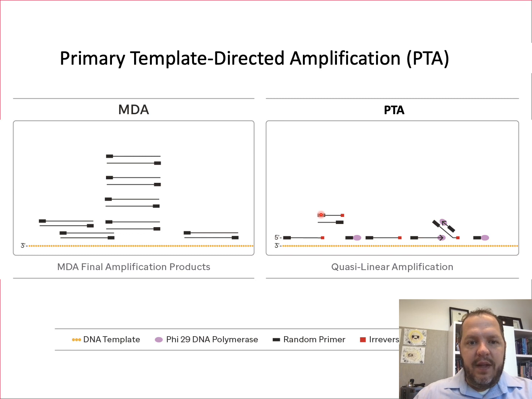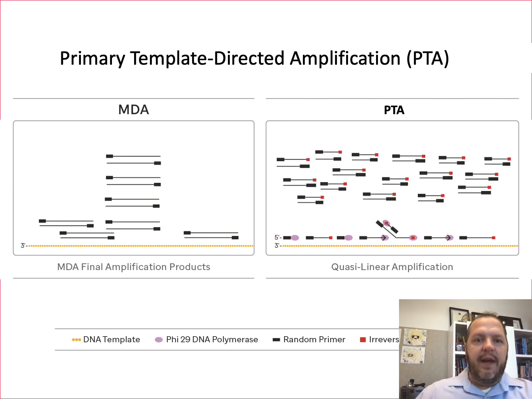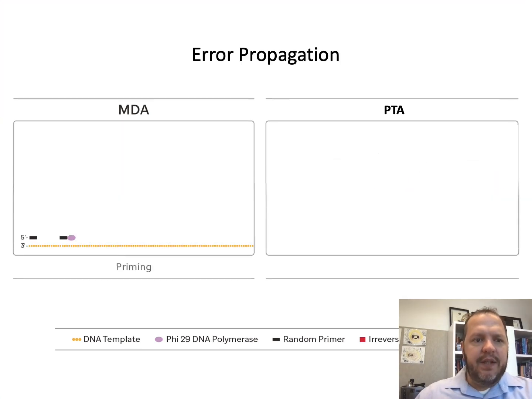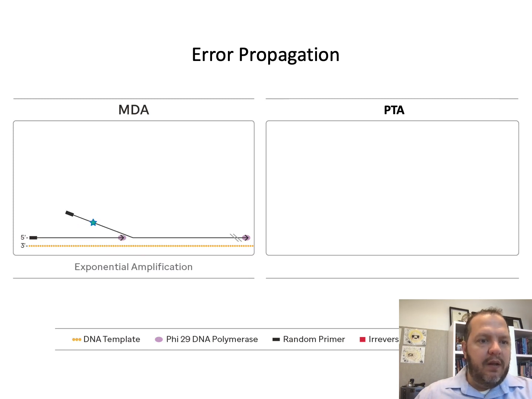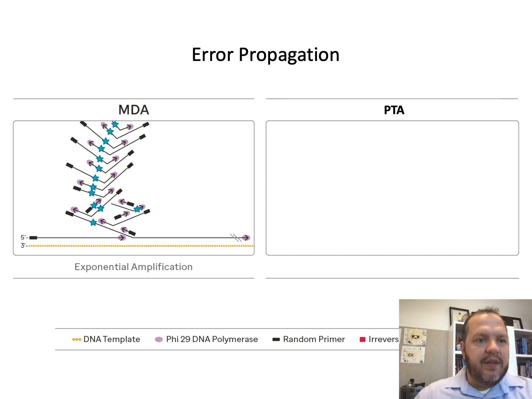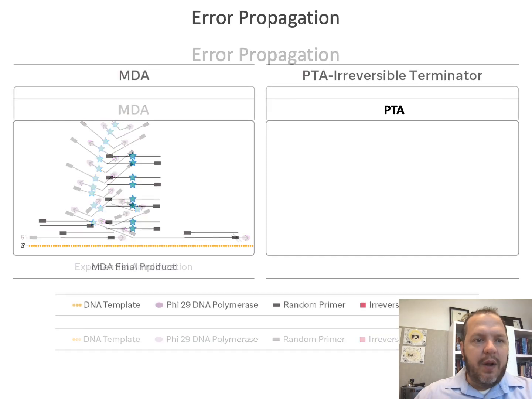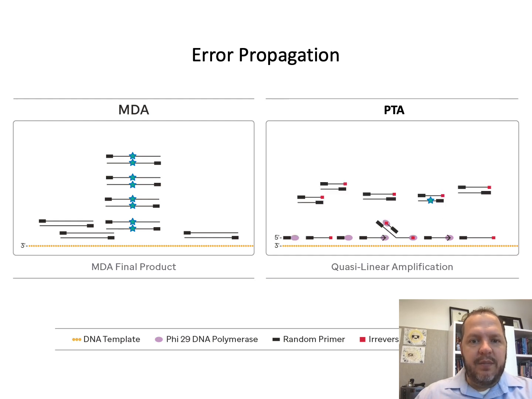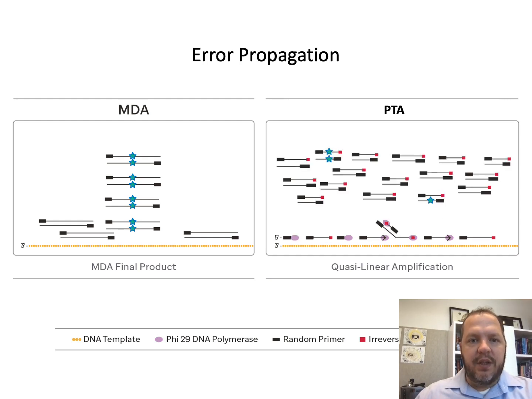In theory, that would result in smaller amplicons that cover the genome in a more even manner. In addition, because you're not recopying the primary, the daughter amplicons as much, you should get less error propagation. And in theory, and I'll show you some data, that's actually what we see.